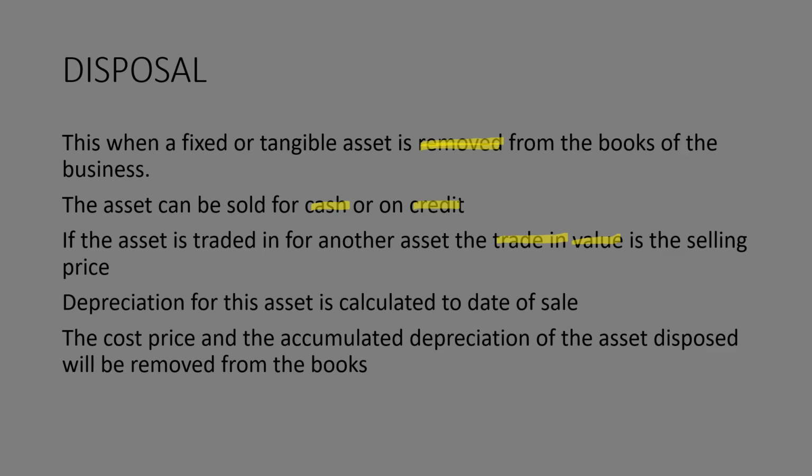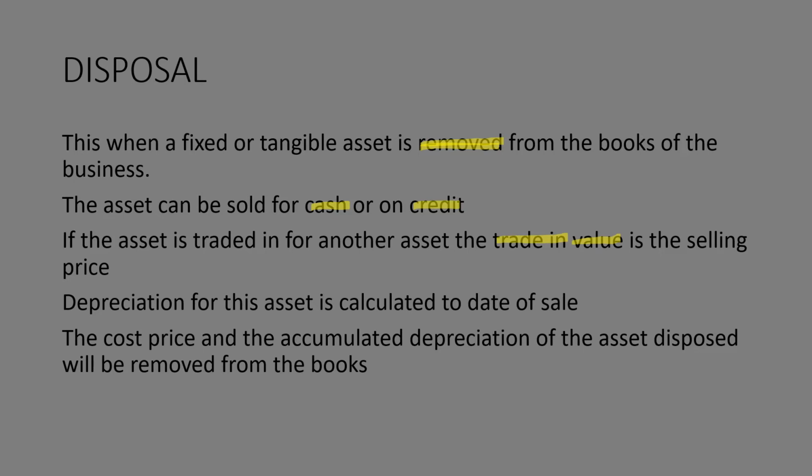So when you get the compensation from the insurance, that will be treated as the selling price of that particular asset. And mostly insurance companies tend to restore the same.